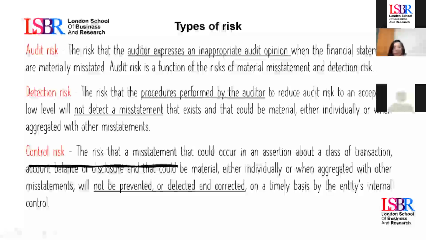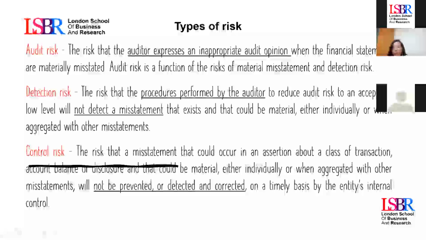Control risk is a risk that is not corrected. It is a control that maybe is weak, and the auditor couldn't notice that one control is weak, and obviously the auditor couldn't correct it.